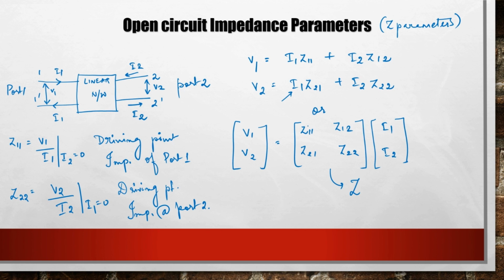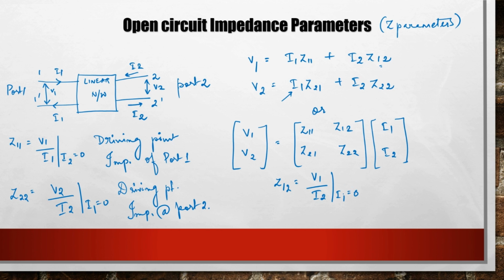Next we have Z12 and Z21. So in order to find that out, Z12, which is over here, we can consider I1 is equal to 0 and it becomes V1 by I2. So V1 by I2 considering I1 is equal to 0.